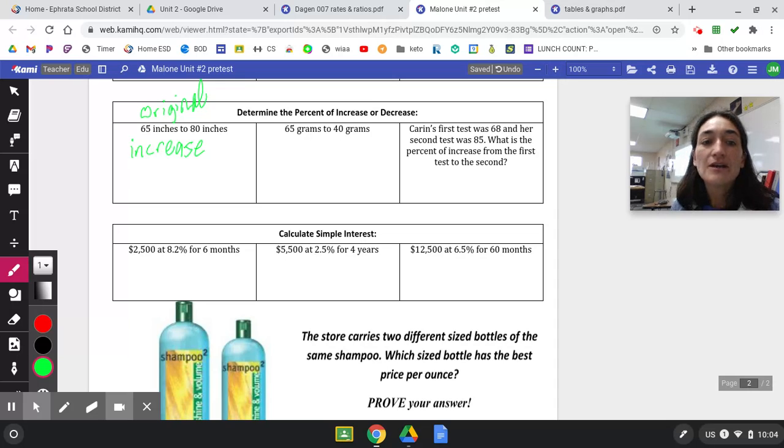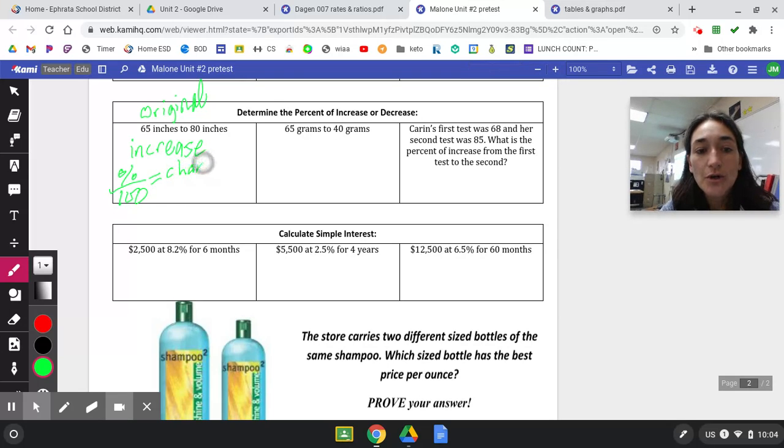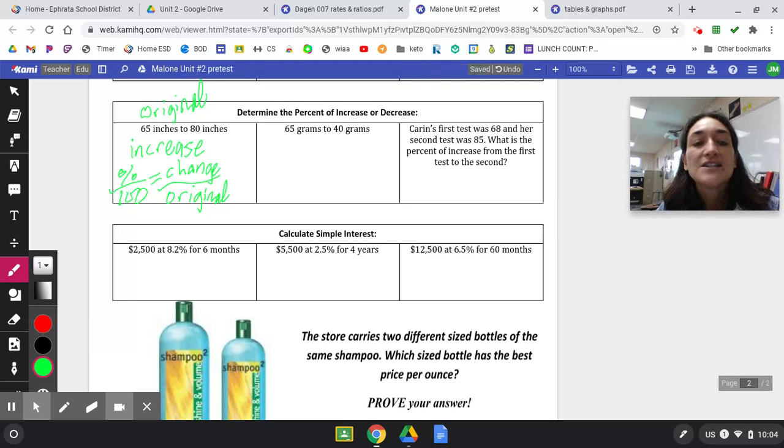To calculate the exact amount, however, you are going to want to use the equation that we talked about before, where percentage divided by 100 is equal to change over original. The most important thing to remember, we already know the original because it helped us decide if it was an increase or a decrease, but change is the difference between the two. So if I take 80 and subtract 65, that is the number that's going to replace the word change.